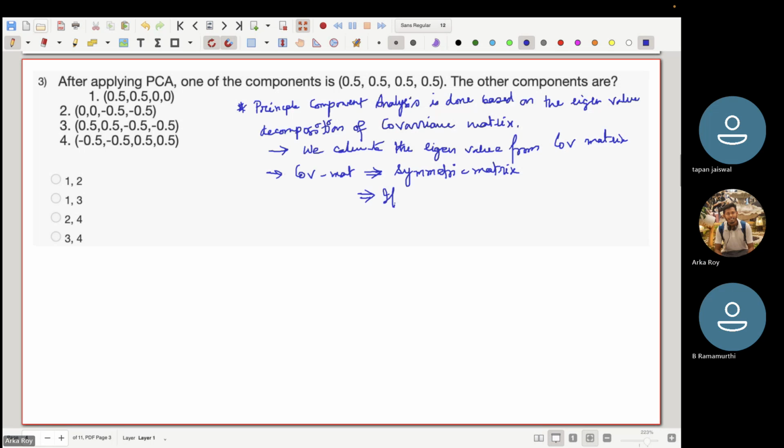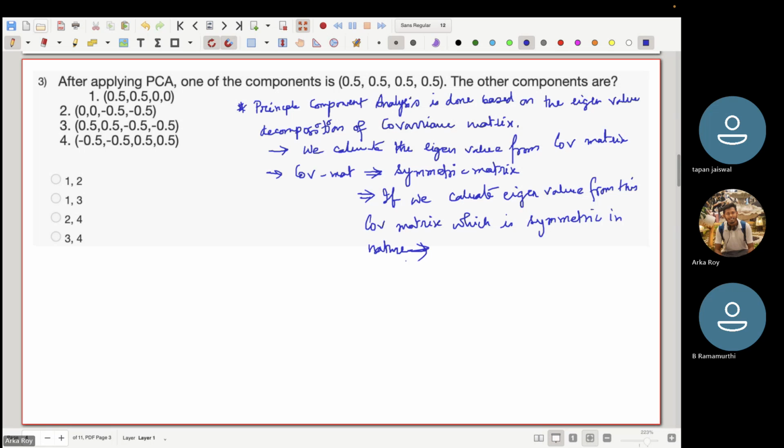And if we calculate eigenvalues from this covariance matrix, which is symmetric in nature, the eigenvectors, i.e., the principal components, are orthogonal to each other.